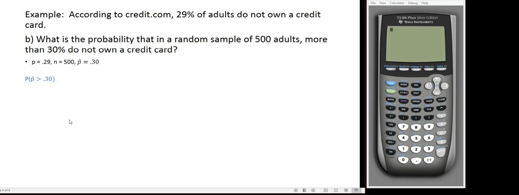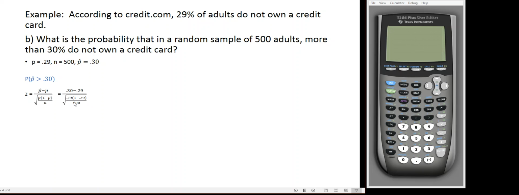Unfortunately, p hat is just a little start. In order to calculate probability, we have to find that z-score. So I'm going to rewrite that z-score formula here, and we're going to plug in everything. Our p hat was 0.30, our p was 0.29, and then we plug in here.